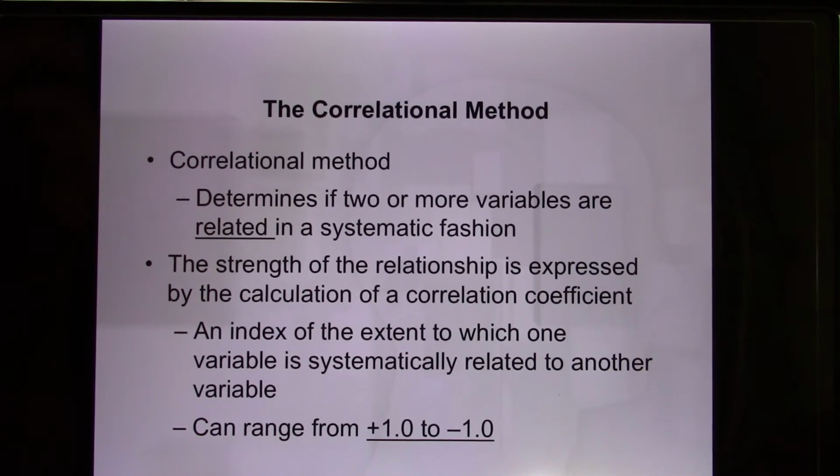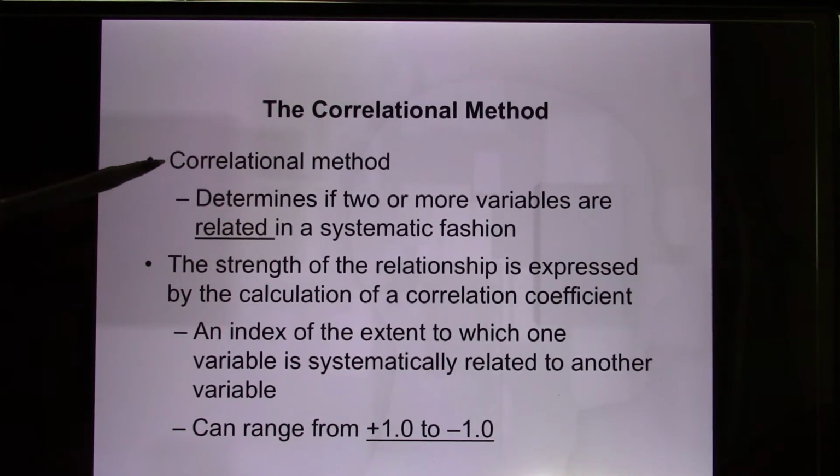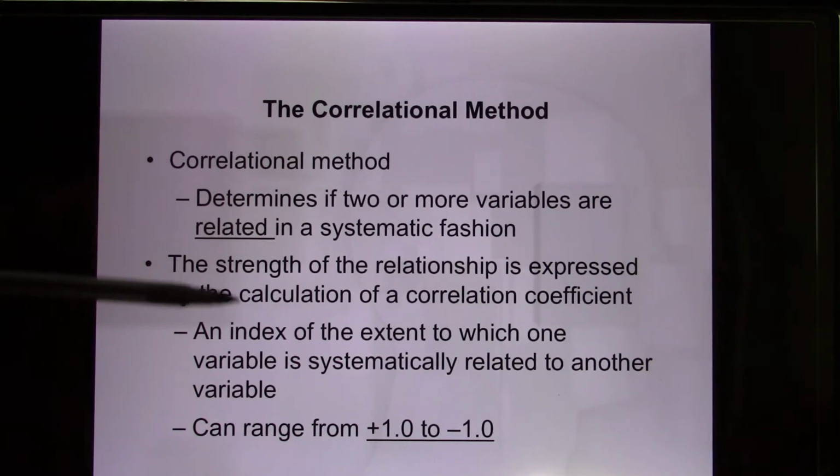In a correlational study, you find how one factor is related to another. So you can correlate their height with their income. Actually, in psychology they do find that people who are taller have higher income. That's what they found. And they find the correlation coefficient, which gives you a number, right?